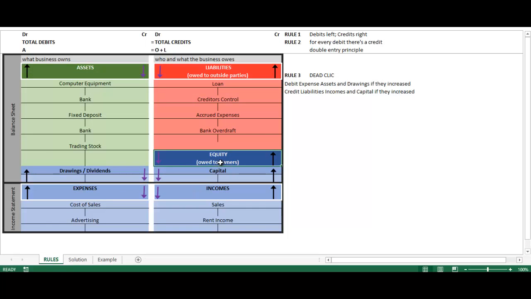When you look at equity, equity is made up of capital plus incomes. Can you see capital and incomes is increasing on the same side as equity? So capital contributions and incomes is going to increase my equity. Drawings and expenses, however, is going to decrease my equity. So if my drawings increase, my equity is going to decrease. And you'll see how that works now.